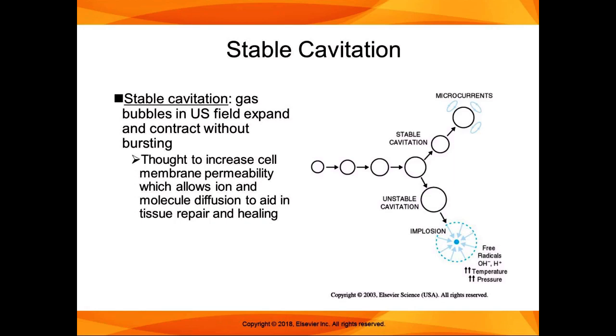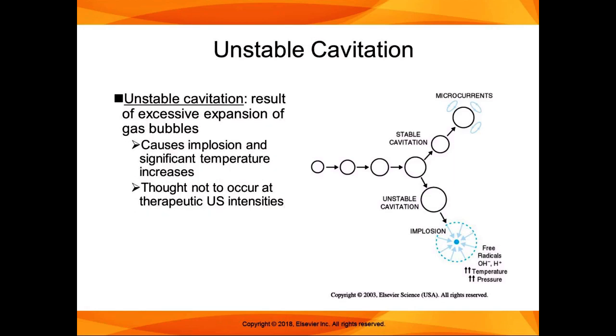We're trying to increase cell permeability using those microcurrents. Unstable cavitation is a result of excessive expansion of the gas bubbles, and they implode, and it causes temperature increase. But it's thought that it doesn't occur at therapeutic ultrasound intensities. So you don't really get that with a therapeutic ultrasound application.